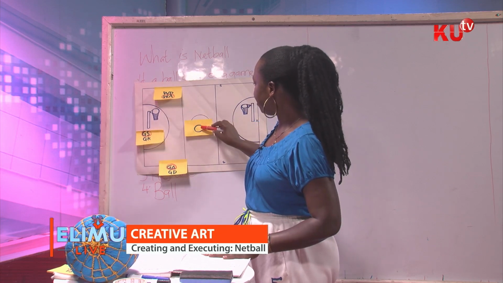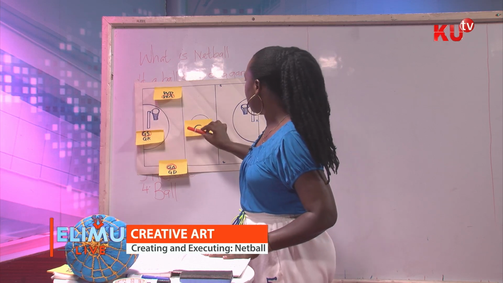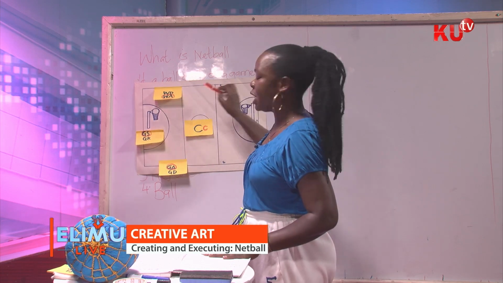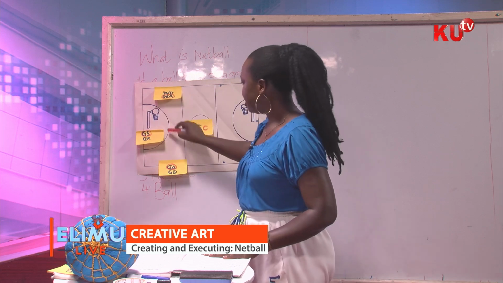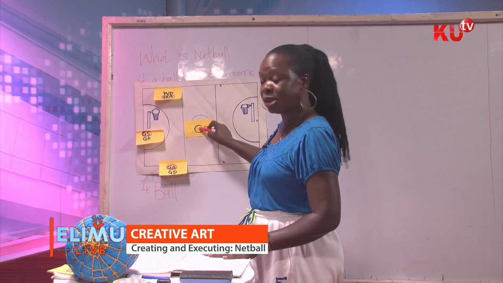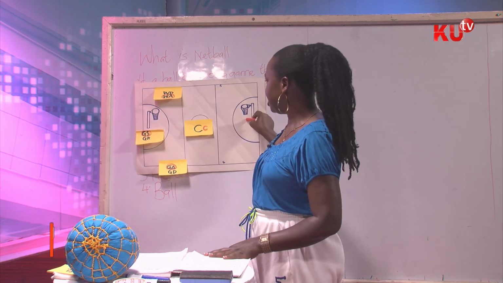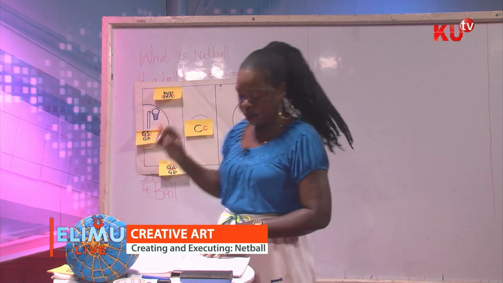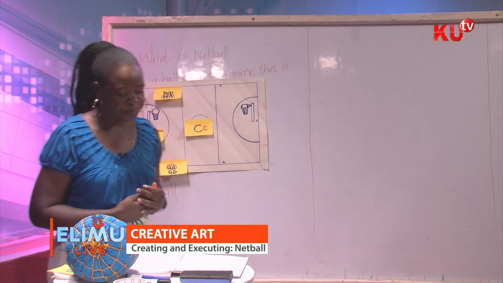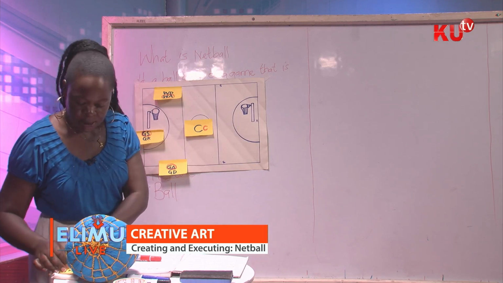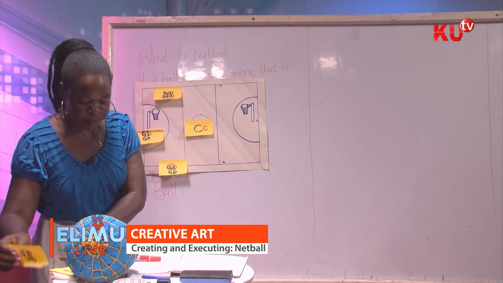This person is also allowed to run in every part of the netball court apart from the 2 semicircles. The center person is not allowed to enter the semicircle on this side and the semicircle on the other side. All right, let's go to number 5.